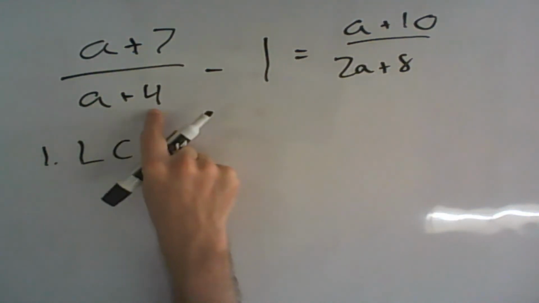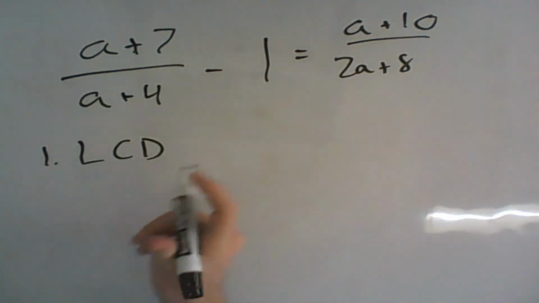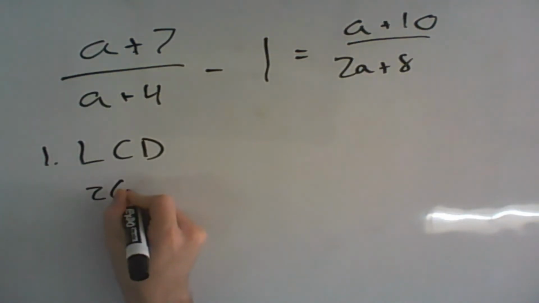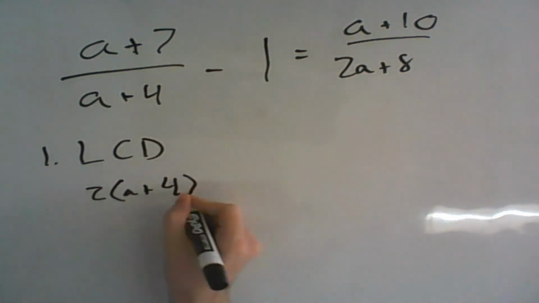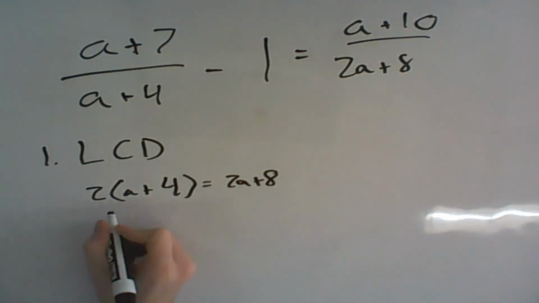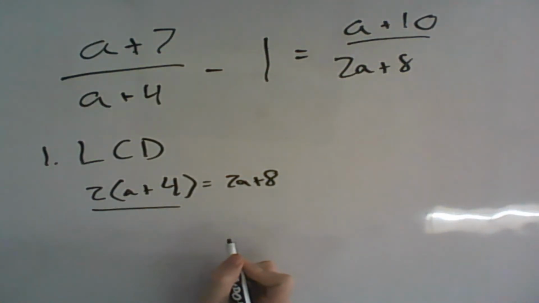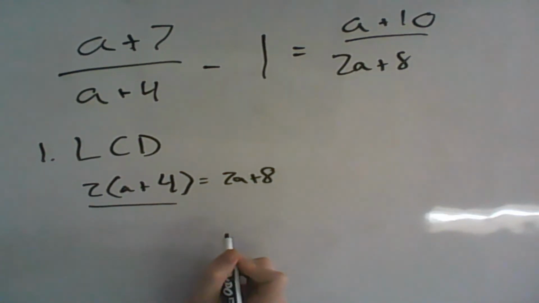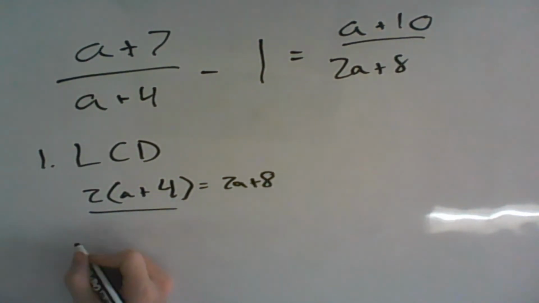You get a plus 4, and this, if you factor it, is just 2 times a plus 4, equals 2a plus 8. So our least common denominator is actually this right here. Okay, so we're going to multiply everything by that.